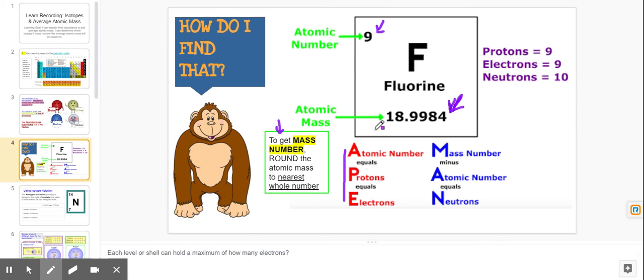The mass number is the atomic mass rounded to the nearest whole number. So that would be 19 minus 9 equals 10. The fluorine atom has 10 neutrons.